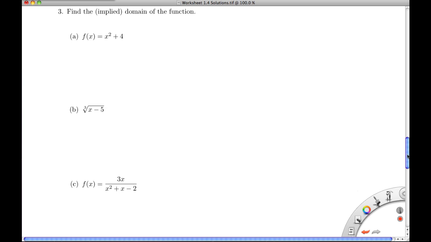But as you go through different types of functions, you'll notice that certain ones have restrictions on the domain. So for right now, a couple of restrictions that I think we should make note of in terms of domain. So for now, keep in mind these two restrictions.